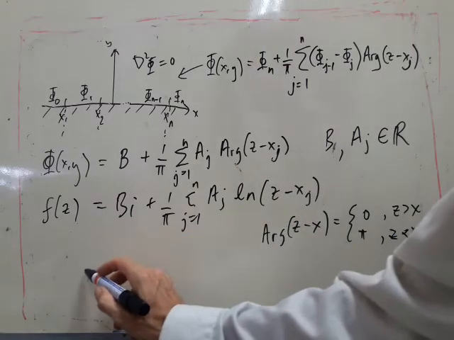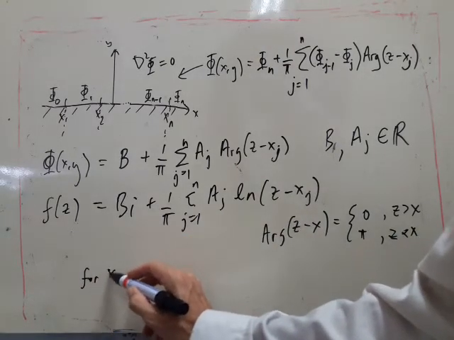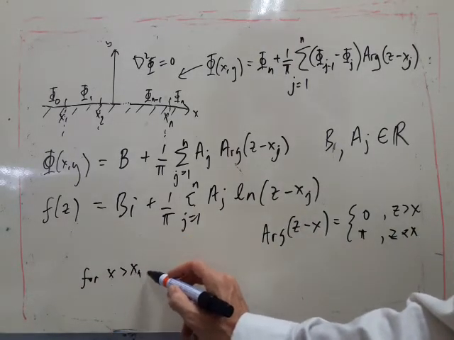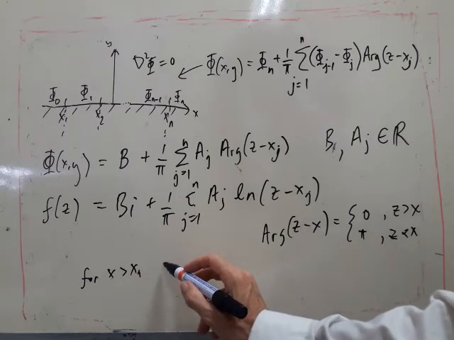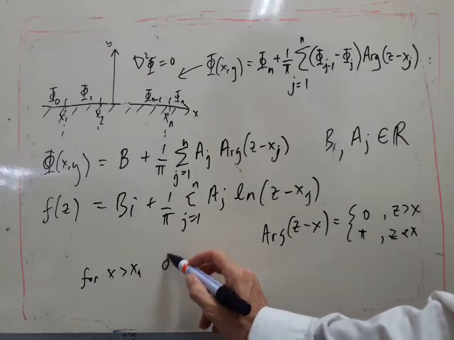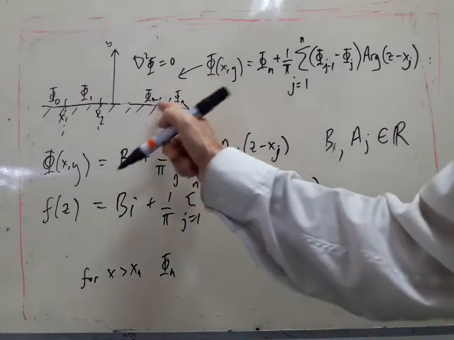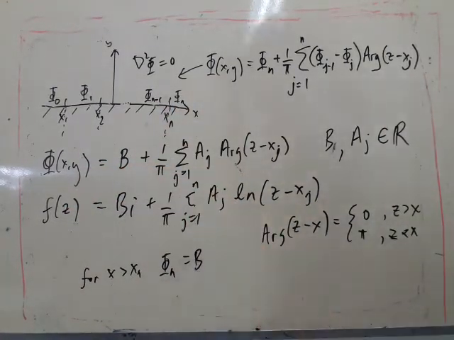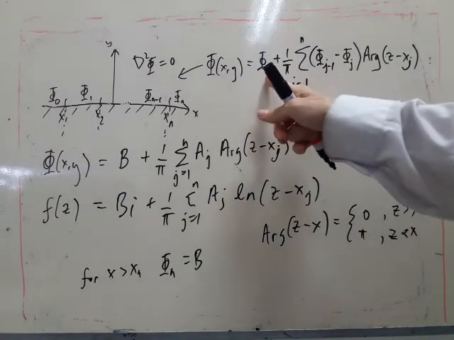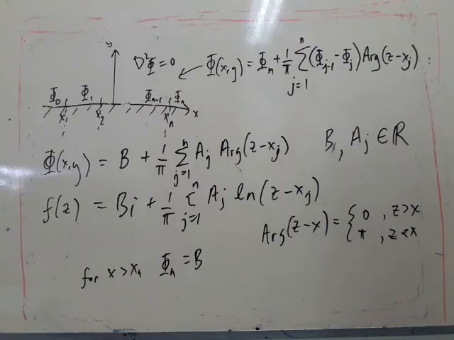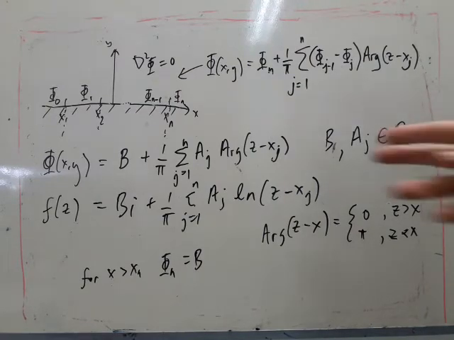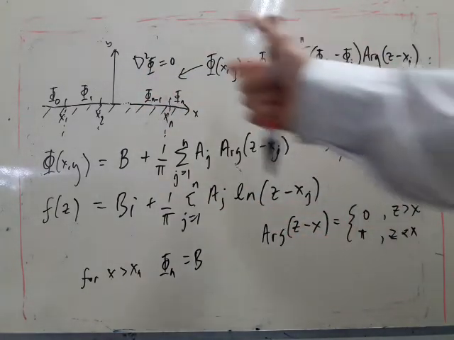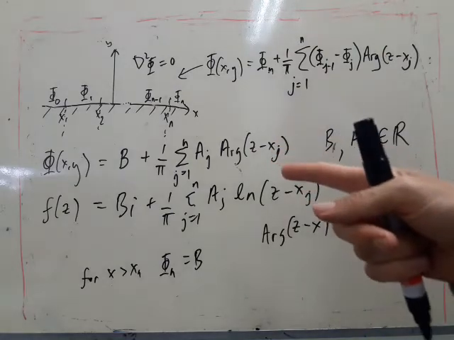So for x greater than xn, substituting in this boundary condition, we've got phi n is equal to b. So b is equal to phi n, which is what we expect here. Then we just work along backwards. So we know what phi n is now.